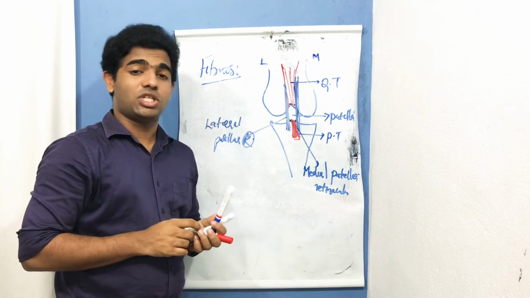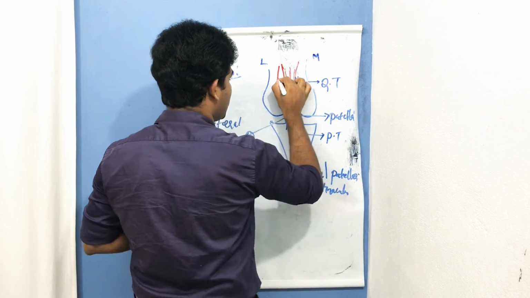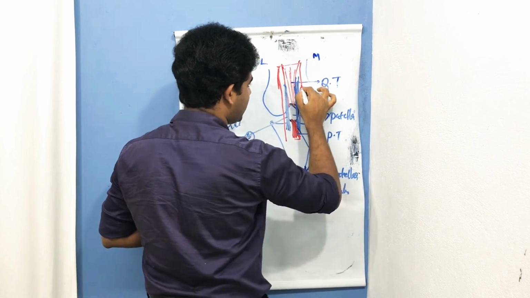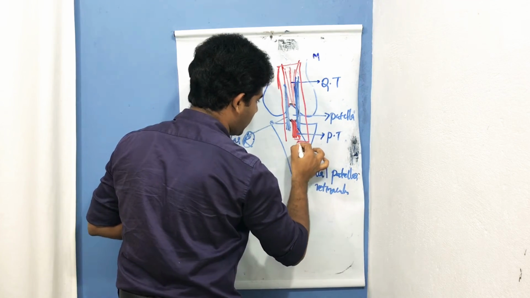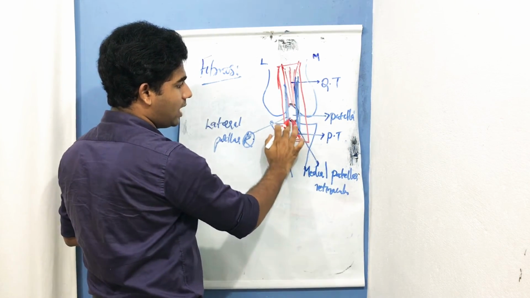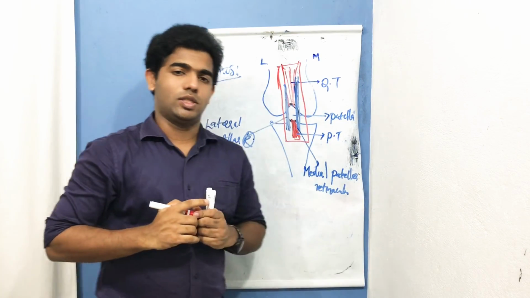Now, what is the extensor retinaculum? It is actually this total structure which contains the quadriceps tendon, the patella, the patellar tendon, the fascia covering them, along with the medial and lateral patellar retinaculum.